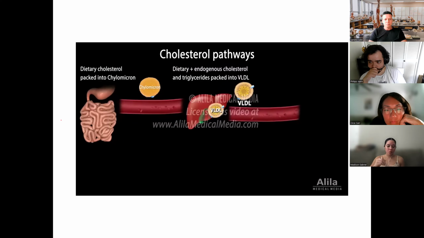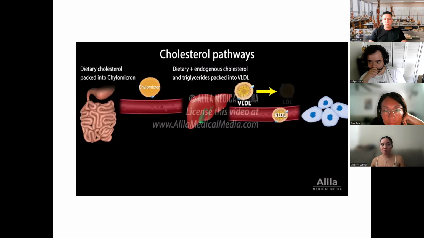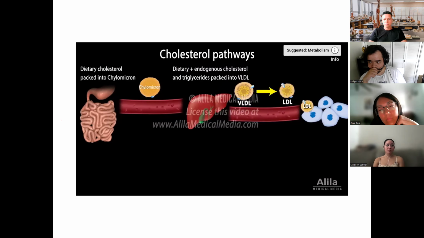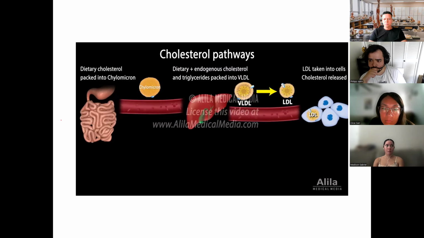VLDL travels in the bloodstream to other organs. During circulation, muscle and adipose tissues extract triglycerides from VLDL, turning it into low-density lipoprotein, LDL. Peripheral cells take up LDL by endocytosis using LDL receptors.